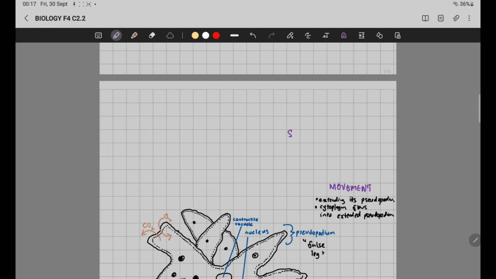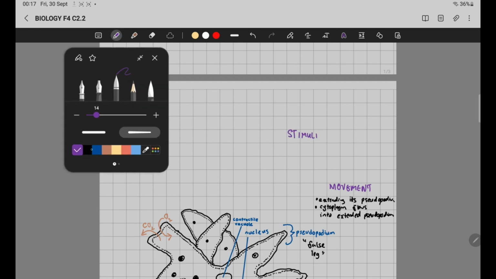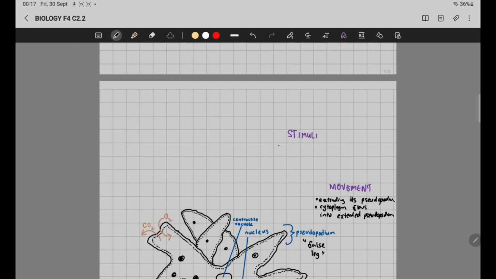For example, they can react to chemicals such as acidic conditions because they are sensitive to pH. They also react to bright light. Amoebae don't like bright light. They are usually found in wet and dark places. And amoebae also react to touch by moving away.